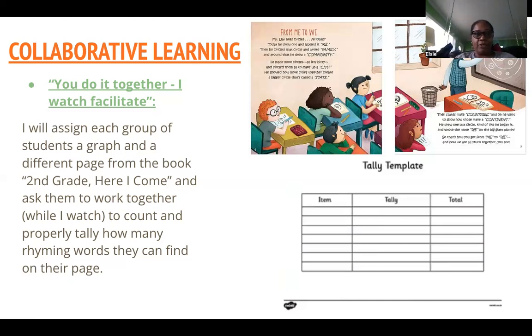And I'm gonna watch and see who understood and who didn't understand. And we'll go from there. I will re-explain it and we'll go over it and see if you will understand how to do it.